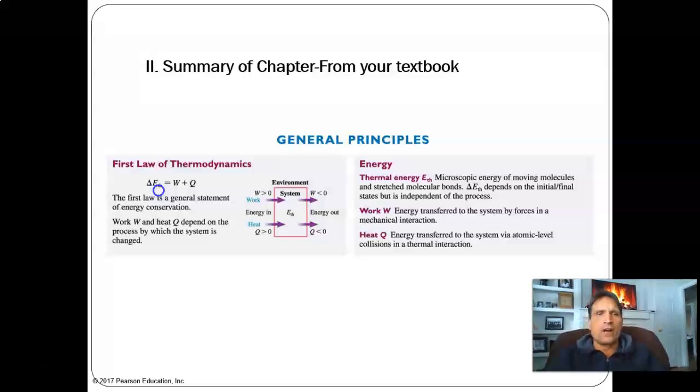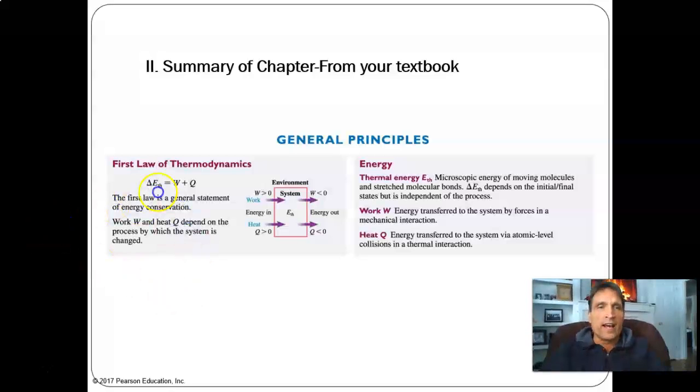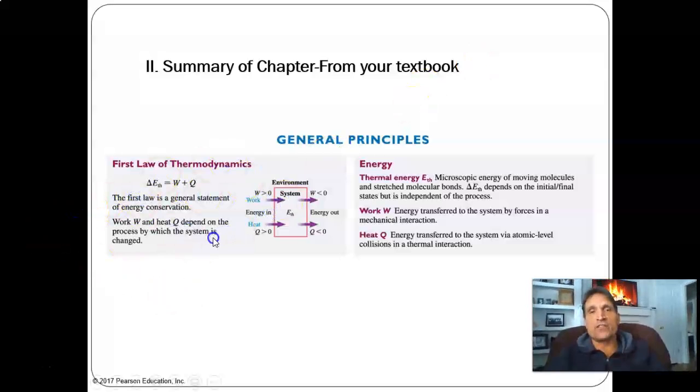And so the work done and the heat added depend on the process by which the system is changed, whether it's adiabatic, isochoric. So you should be able to calculate work and heat for those different cases, and understand the sign conventions. Remember, if positive work is done by the system, for example, compressing a gas, that's positive W, right?